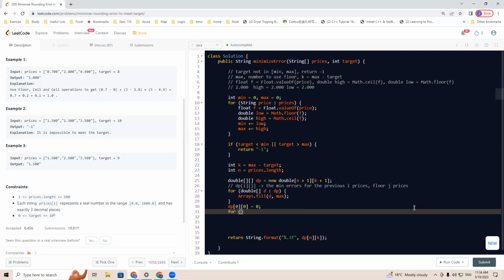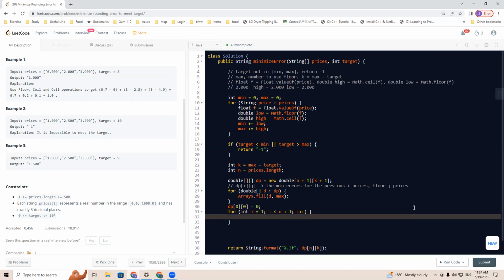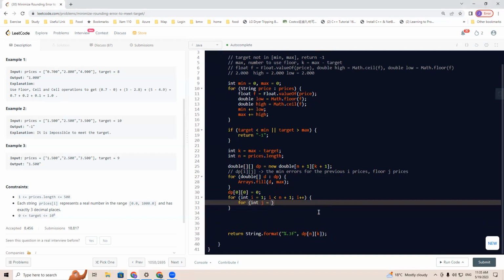For int i equals 1, i smaller than n plus 1, i plus plus, and we are going to have for int j equals 0, j smaller than k plus 1, j plus plus.